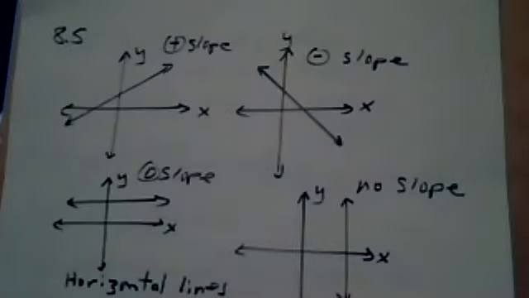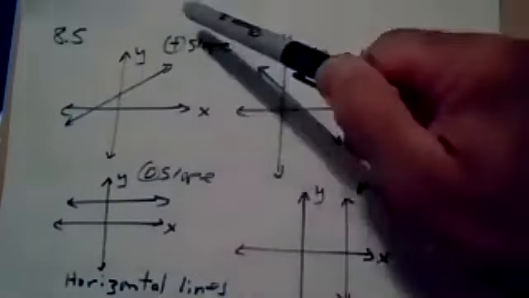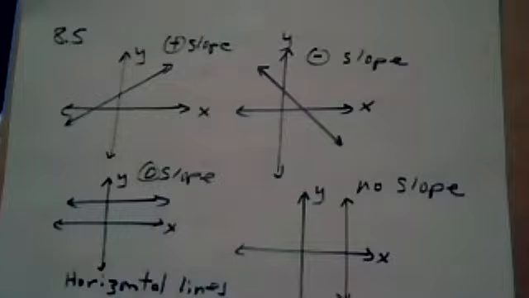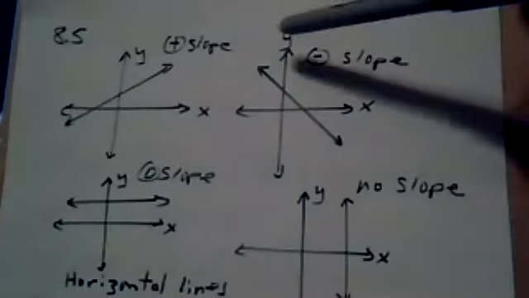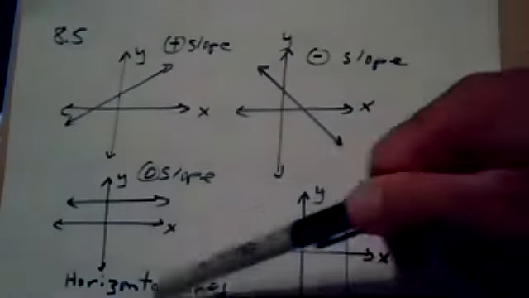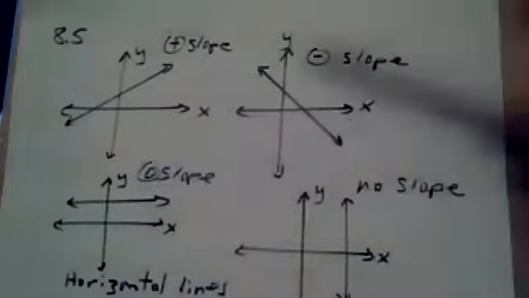So this one shows a little bit more visually. Notice this has a positive slope because the line is going up. The standard is you always do things from left to right. So this line is going up. This line is coming down, so it has a negative slope. Notice the horizontal line. The horizontal line has a 0 slope.